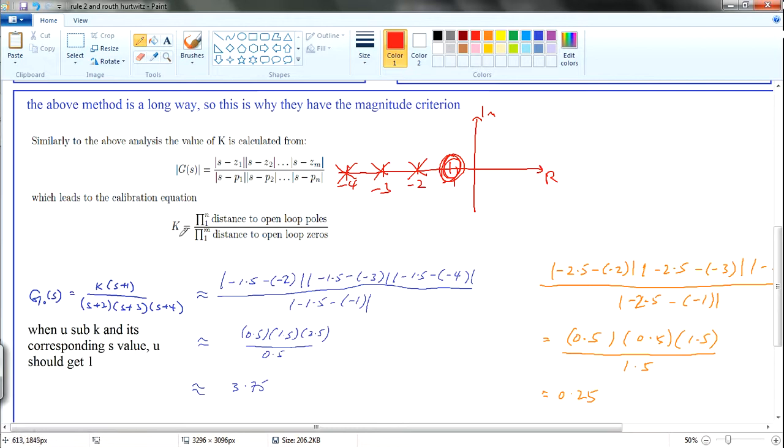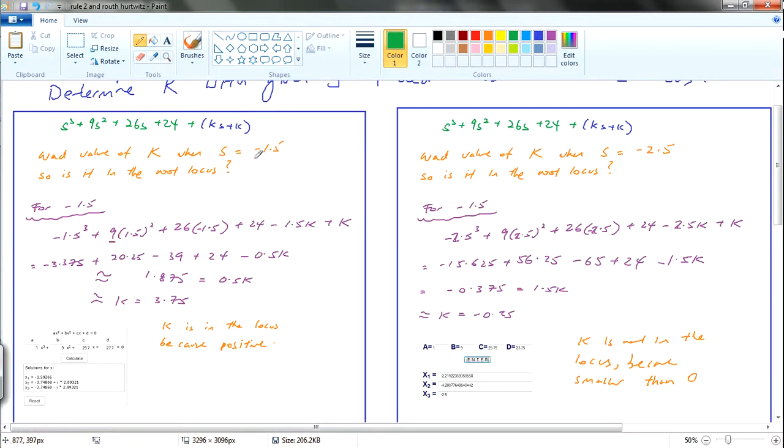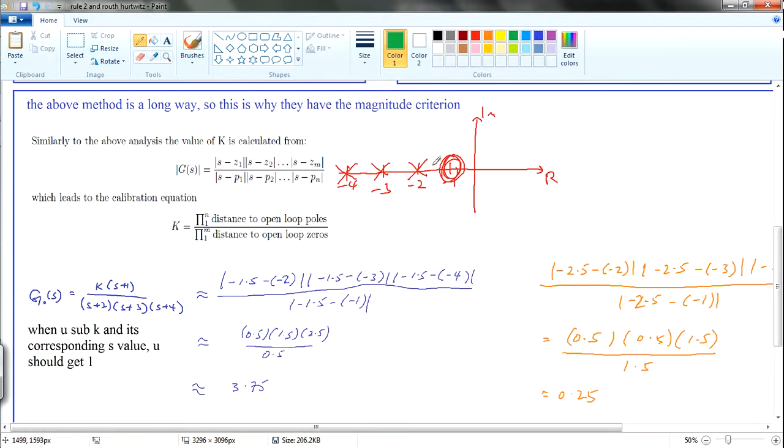So k helps you to determine the values. Let's say we have an s value, which in our case is minus 1.5, so it's the same thing as here, when s equals minus 1.5. So it's over here, right? It tells us that if you multiply all the distances from this point to all the open loop poles, so you have this one to minus 2, and then the distance to this one, minus 3, these are all the poles, divided by all the distances to the open loop zeros, which is this one.